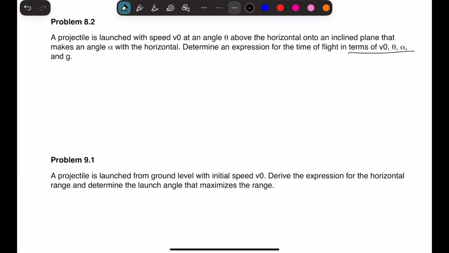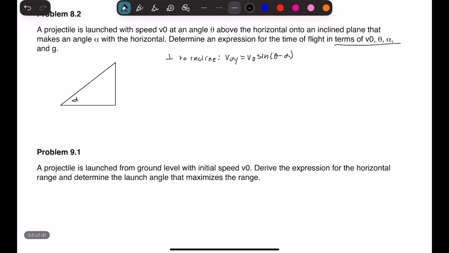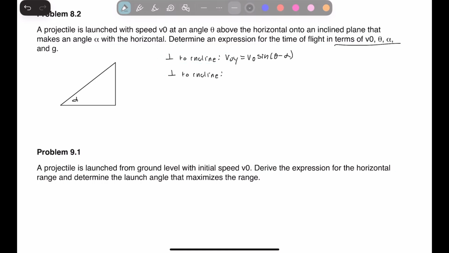We know that for the initial velocity perpendicular to the incline, we can write v initial y is equal to v initial sine of theta minus alpha. For the acceleration perpendicular to the incline, we have a_y equal to g cosine of alpha.